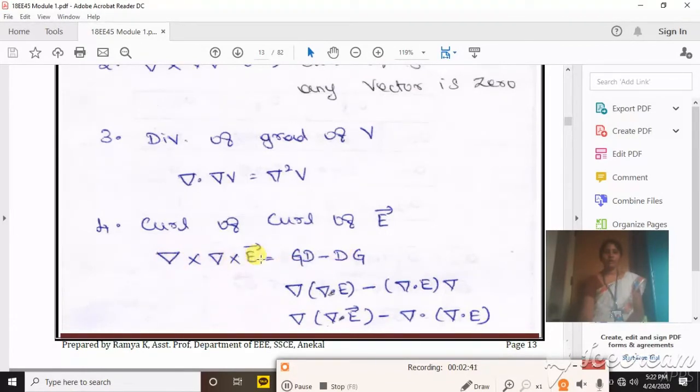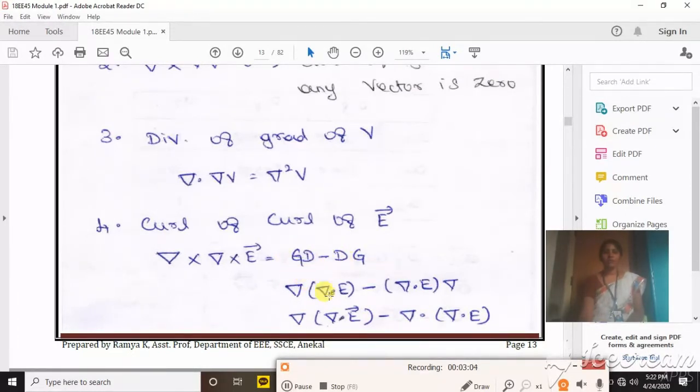Curl of curl E is equal to gradient of divergence of that particular quantity minus divergence of gradient of that quantity. So GD minus DG. G stands for gradient, gradient in the sense of vector. D is nothing but divergence. So GD minus DG.